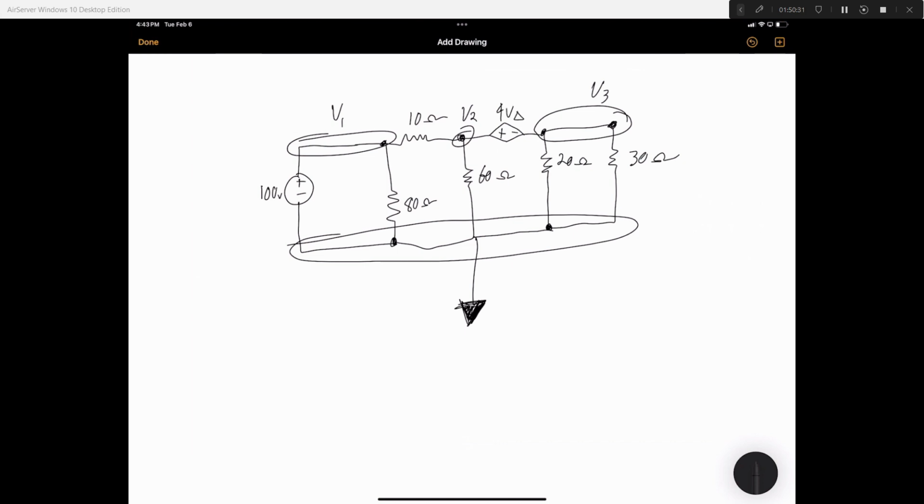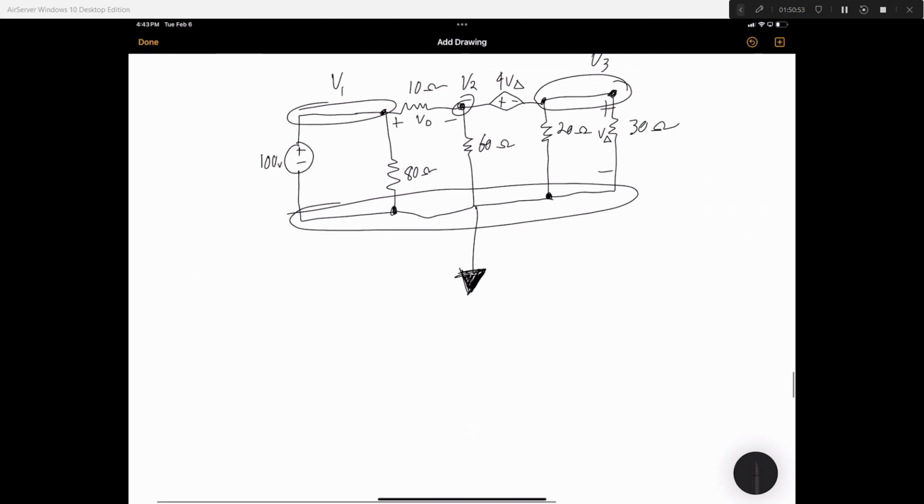Need to figure that out. And the voltage drop across here is equal to voltage sub triangle. And the voltage drop from here is V sub 0.